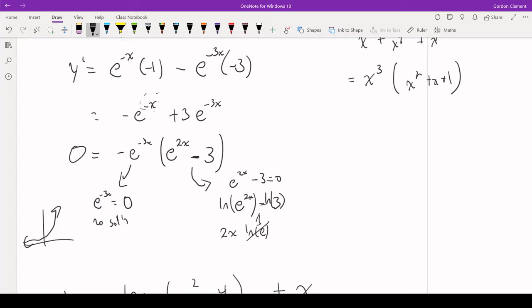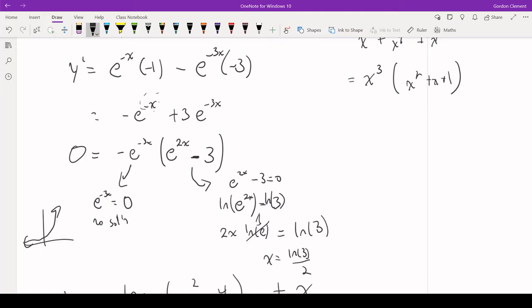So it's just going to be 2x at the end of the day. Or you think of these being inverse functions. E to the x and natural logarithm are inverse functions. So when you do one, then the other, you get just whatever you plugged in. And log 3 is something in your calculator. You could plug that in and get a decimal. So x equals log 3 over 2.